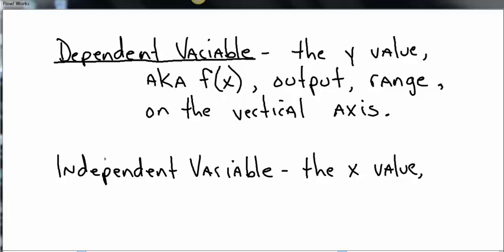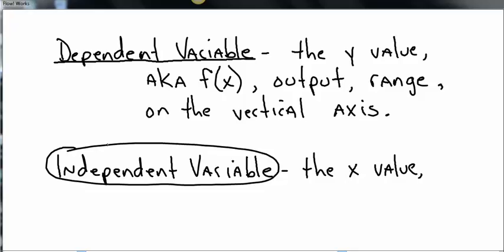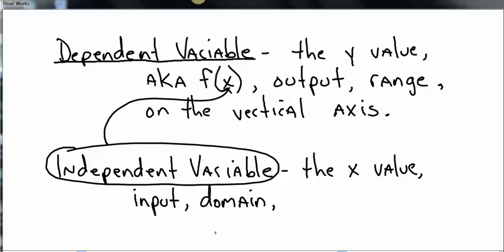It's this. It's the input. It's the domain. It's on the horizontal axis.